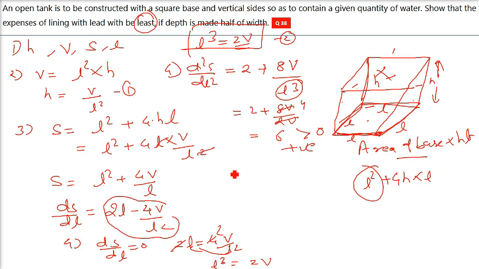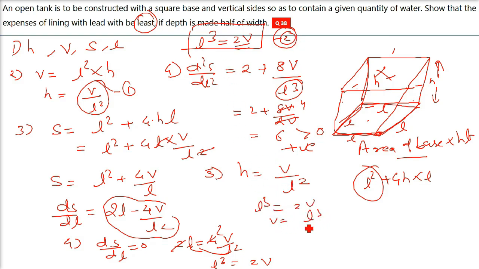This we have proved. Now we have to prove depth is equal to width by 2 also. So this height is V by L square from equation number 1. Now just utilize equation number 2 and try to find out whether you are going to get the relationship which I just told you. That is depth H is equal to width by 2, L by 2. So H is V by L square. Since L cube is 2V, V is equal to L cube by 2.